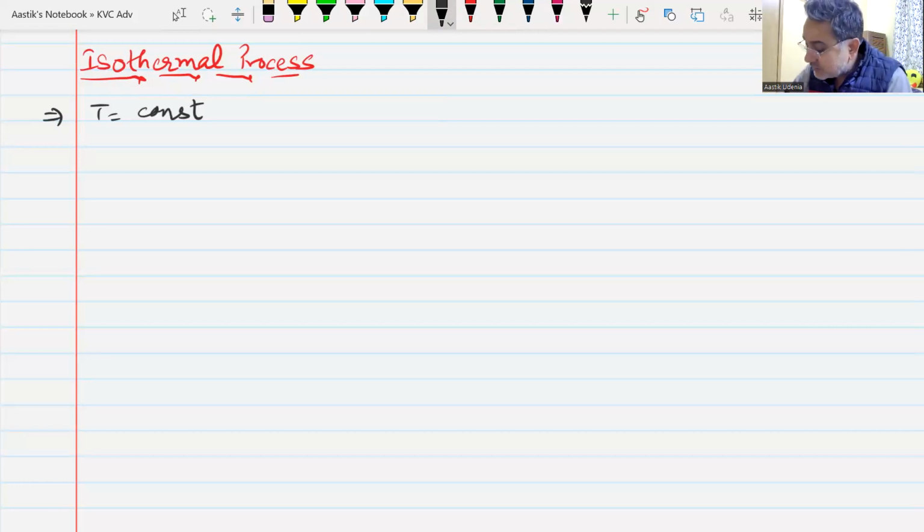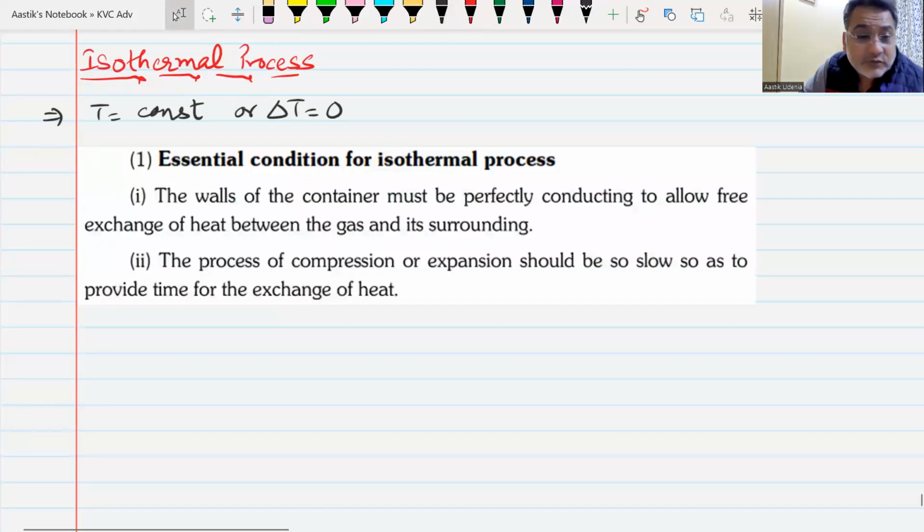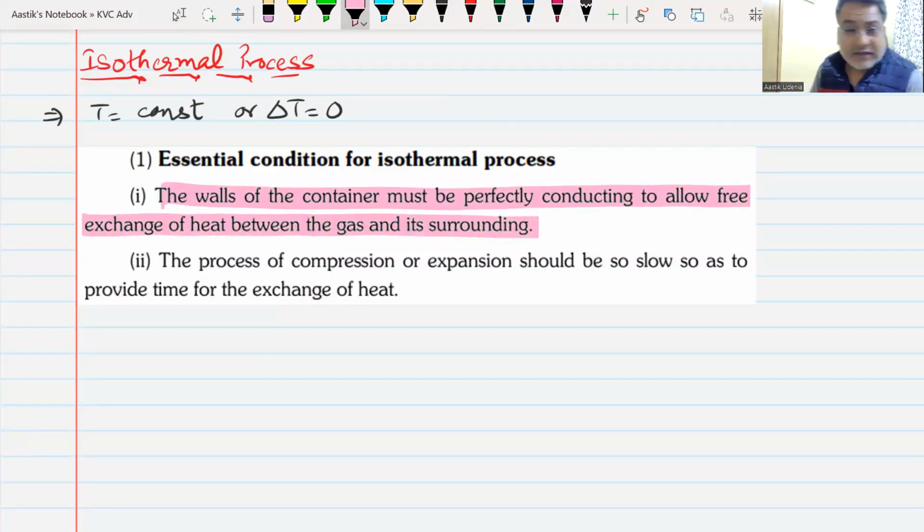Change in temperature, or I can say the change in temperature is 0. So you don't want the temperature to change. Now, if you don't want the temperature to change, then what should happen? There are two conditions which are essential for a process to be isothermal. The first condition is the walls of the container must be perfectly conducting.